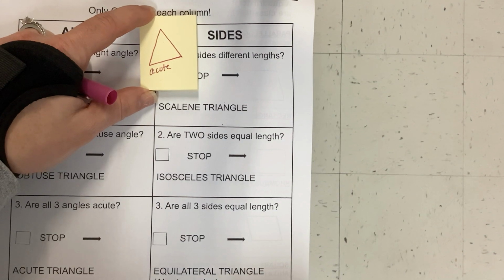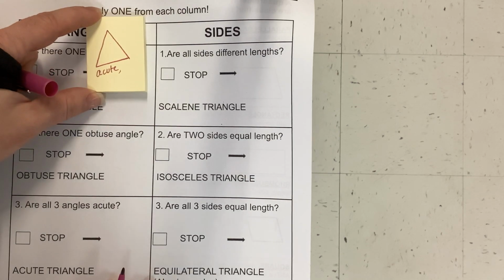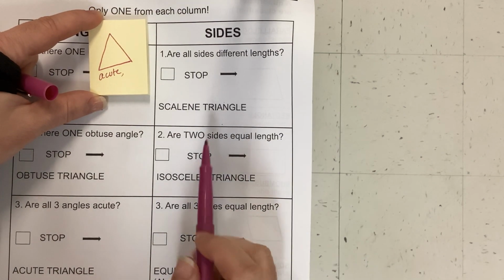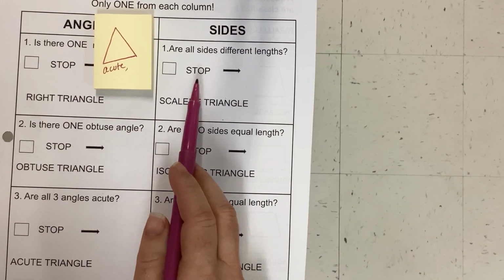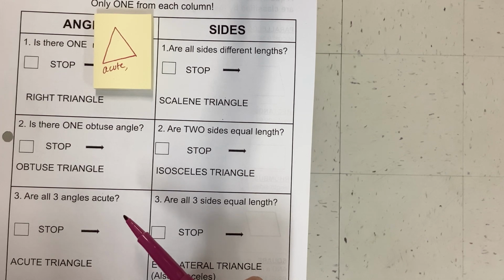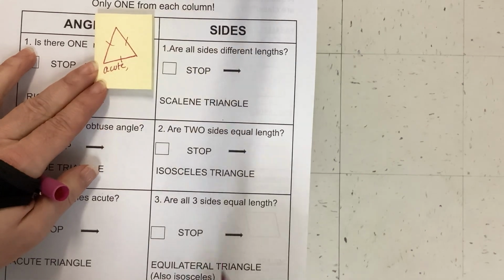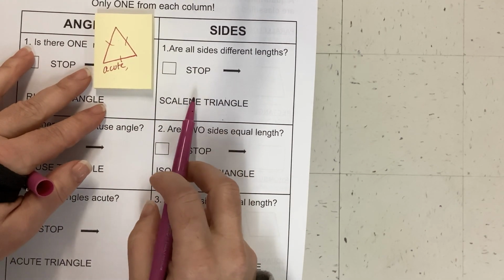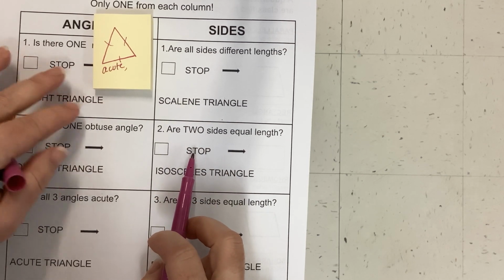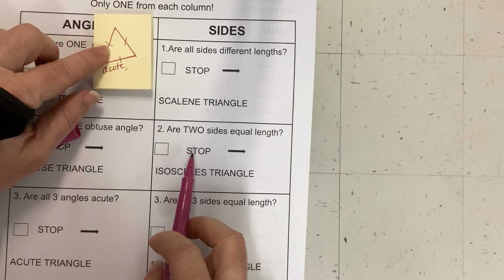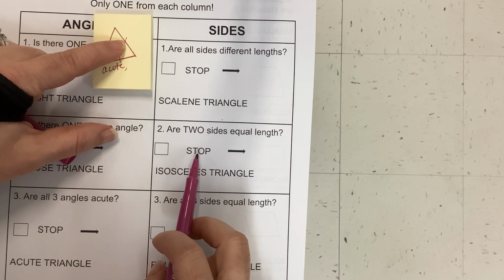But that's not the only name for that one. Now I have to also label it according to length of the sides. So if I look here, I'm going to say, are all sides different lengths? This one's not labeled, but we're going to go like this. So are all sides different lengths? No. So I know it's not a scalene triangle. I'm going to go to the next option. Are two sides equal lengths? Well, this side and this side are definitely equal lengths, so I know that it is at least an isosceles triangle.